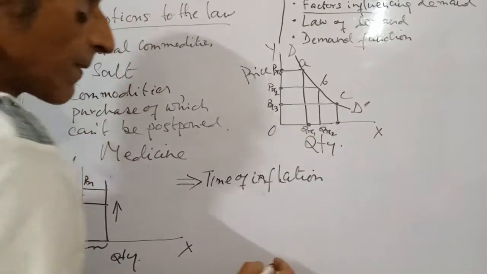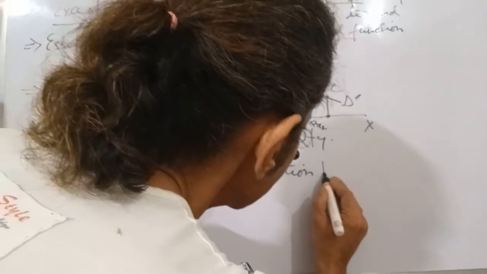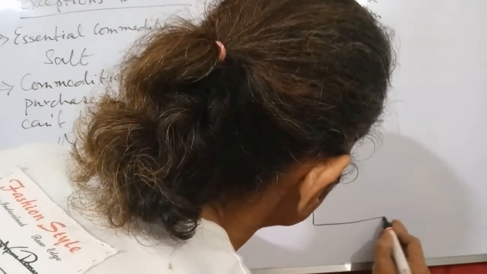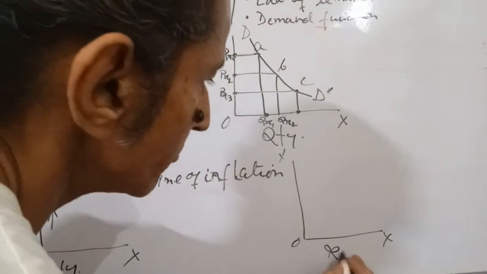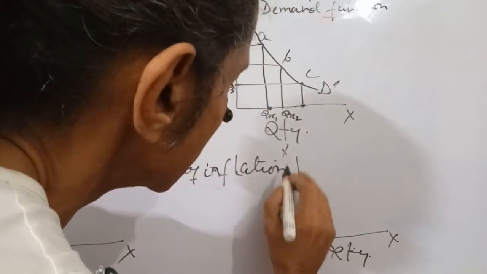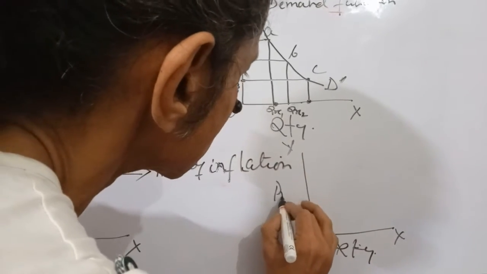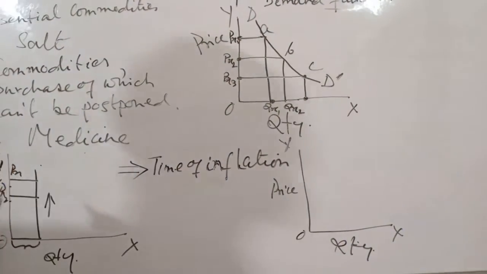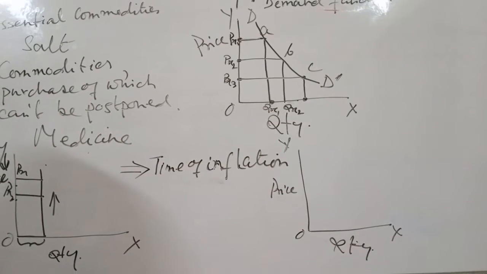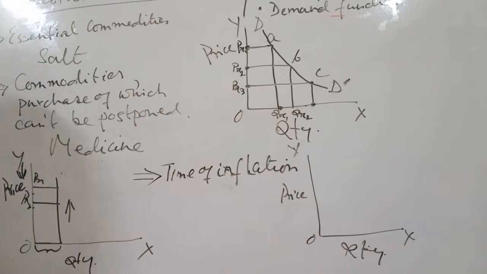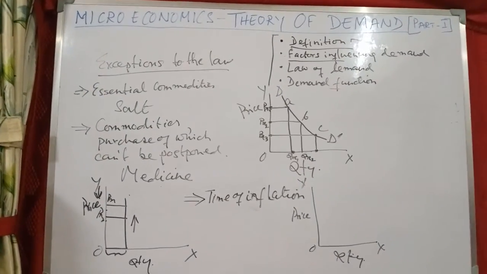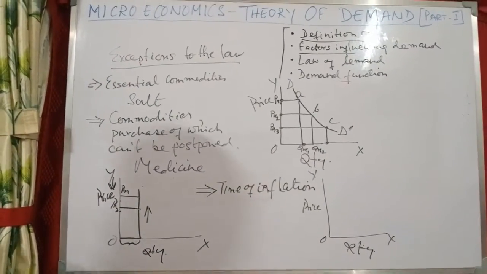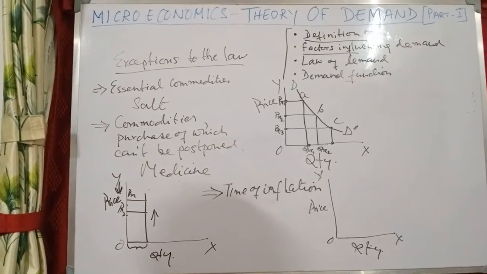So a consumer who is willing to purchase an LED TV set. Suppose the consumer is planning to purchase an LED TV set, but the prices of TVs are increasing, correct?